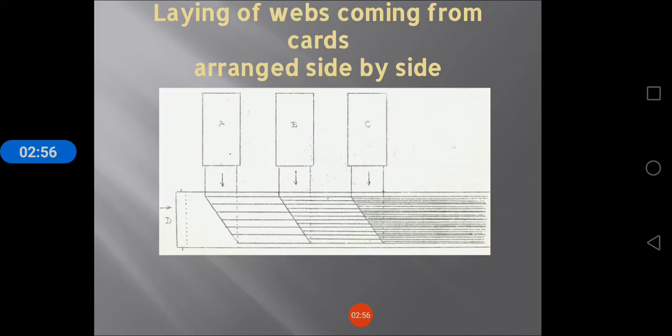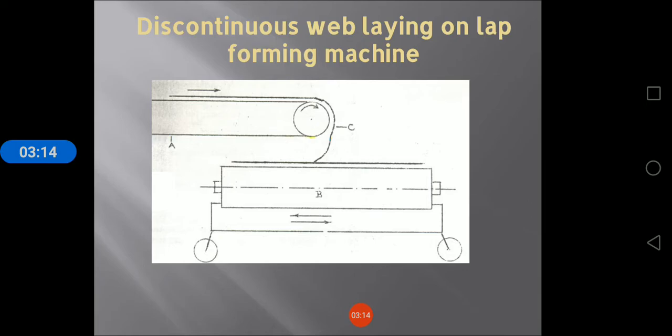Laying of web coming from cards arranged side by side. The tandem card is nothing but a web laying system with continuous formation. In this laying system, the webs are arranged side by side, meaning 3 layers at a time will be combined at the last stage of the fiber web laying.